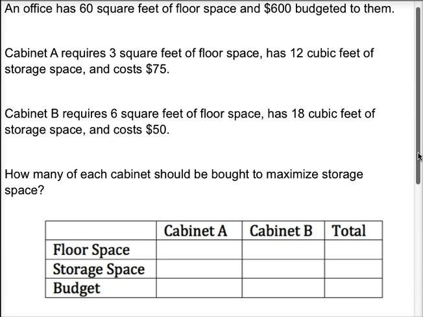So there's a total of 60 square feet of floor space, I'm sorry. And they have $600 budgeted to them. Cabinet A requires 3 feet of floor space, gives you 12 feet of storage space, and costs $75.